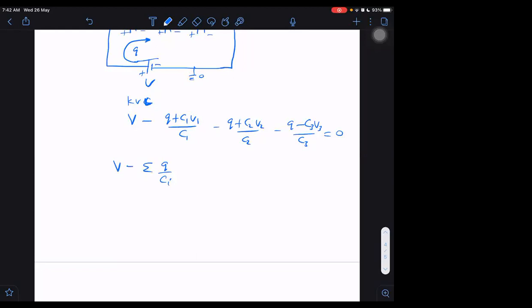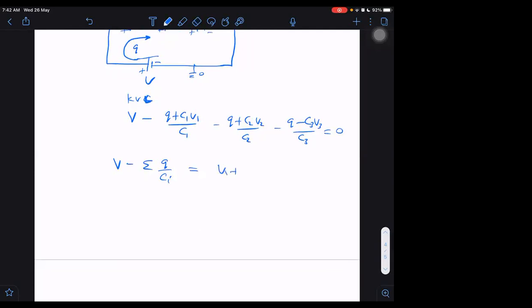Unfortunately, now I cannot write the voltages in the same way because one battery I have taken opposite. One I have taken positive, one negative. So for this I will not use the summation sign. I will write separately: C1V1 by C1, that is V1 only, plus V2, minus V3.